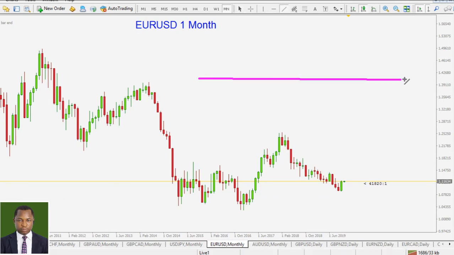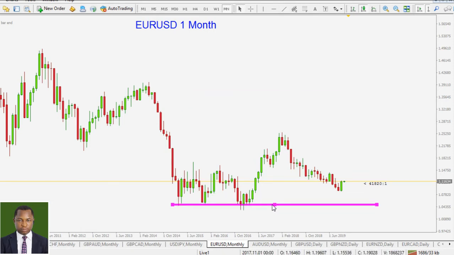So let me just draw that. Okay, this is one of it. All right, even though we got that was the initial bounce test, then a fake breakout, so that level is still intact. Then we got another one here. Let's just skip that. Okay, I'm going to keep this one.